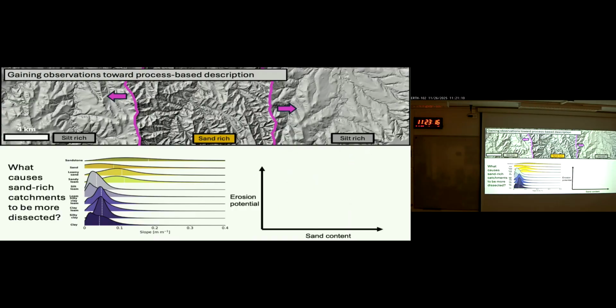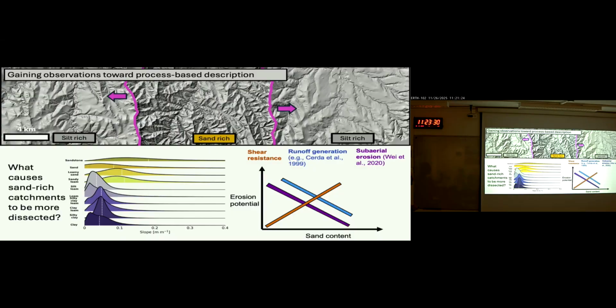What caused these sand-rich catchments to be much more dissected, affecting the entire landscape evolution? In a sense, one can argue that it's simply the shear resistance. Sand-rich catchments are known to be associated with decreased shear resistance, which might increase the erosion potential. However, there are many other good reasons, in contradicting scenarios over the High Plains, that could lead to opposite trends, such as a decrease of runoff generation or a decrease of the potential of frost action.